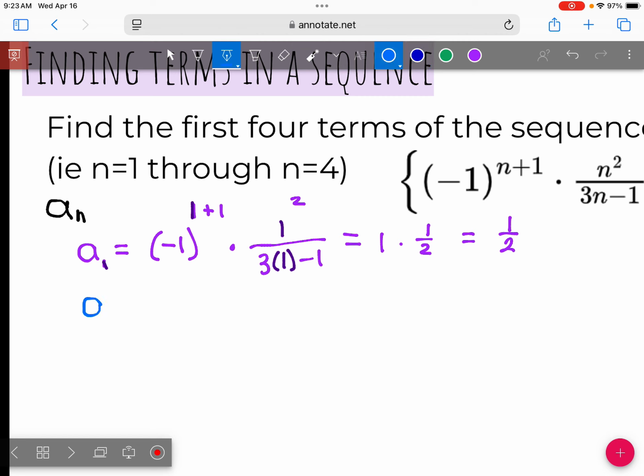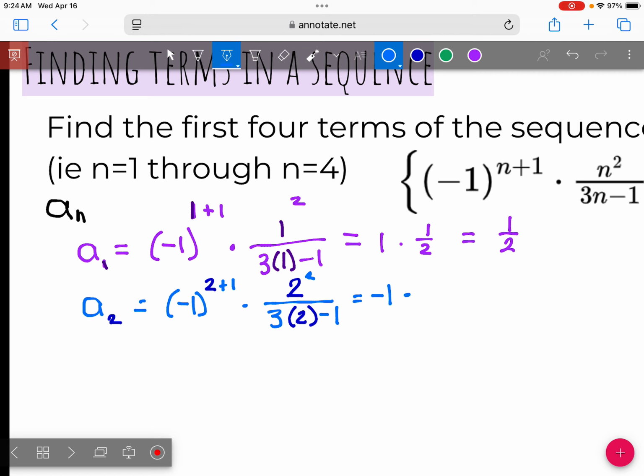So very similar vibe. We're going to take our a sub 2 because we're finding our first 4 terms. So we're going to have our -1 to the power of 2 plus 1 times our 2 squared, because our -1 to the third gives us -1.